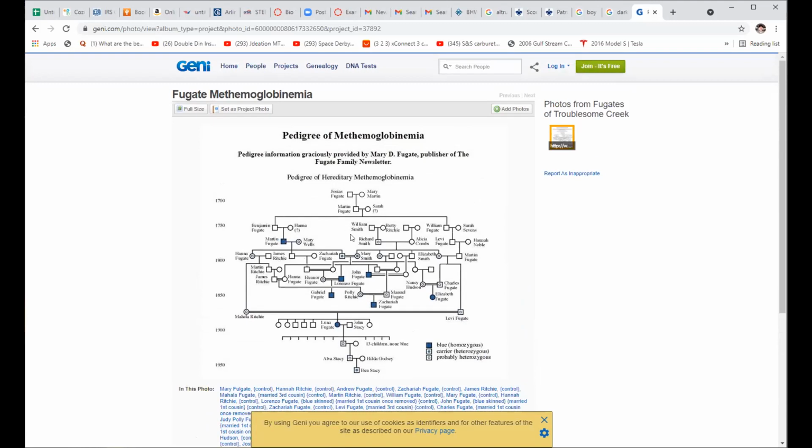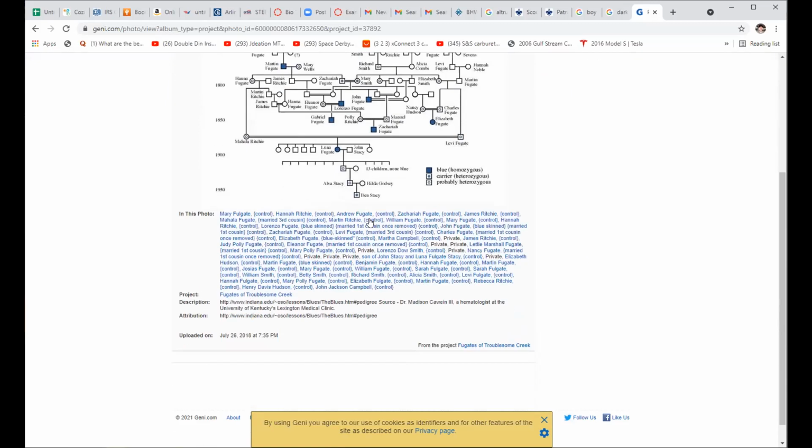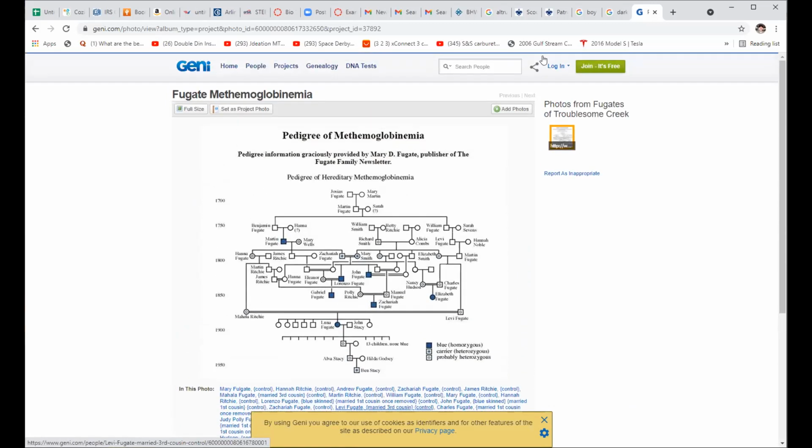So we look at this pedigree, we have 1, 2, 3, 4, 5, 6, 7, 8, 9 inbreeding events in this family that help fix this gene into the population, and it really causes your skin to be blue. So you can read more about that.